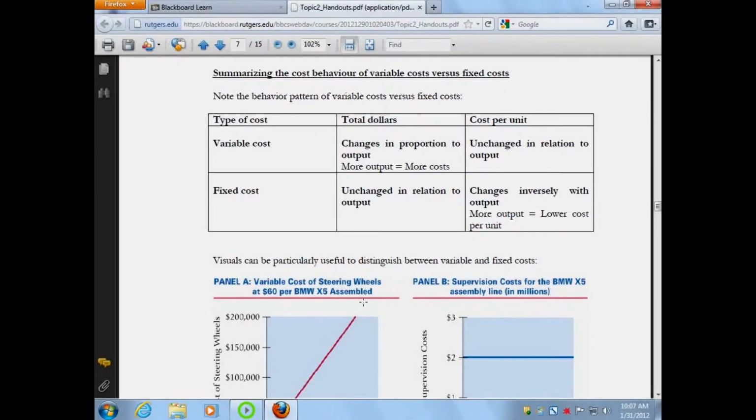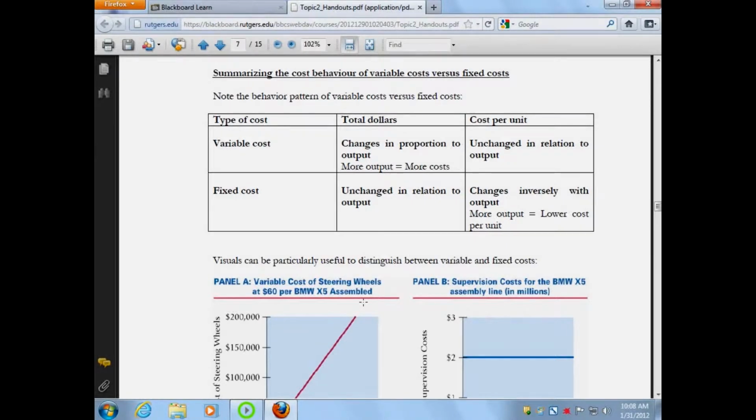Now if you make 100,000 cars within that space, your average cost per car is $10. Right? If you make 200,000 cars within that space, your average cost per car is now $1 million divided by 200,000, which is $5. If you make 500,000 cars in that space, your average cost per car is now $1 million divided by 500,000, which is $2 per car.